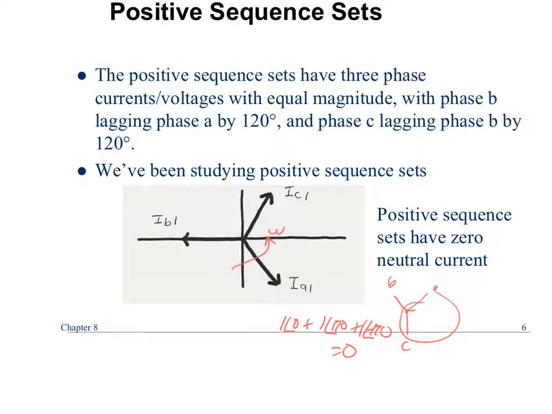Don't you want that ground now for protection reasons? Well, I do want it for separate reasons, but what I'm saying is that from the positive sequence perspective, it couldn't care less. Maybe for a different reason, but from a positive sequence perspective, it has nothing to do with it.